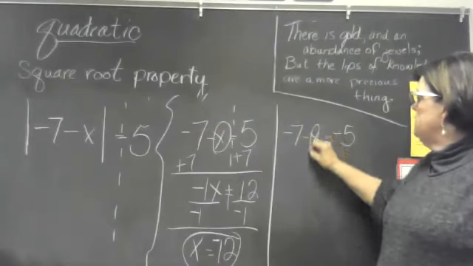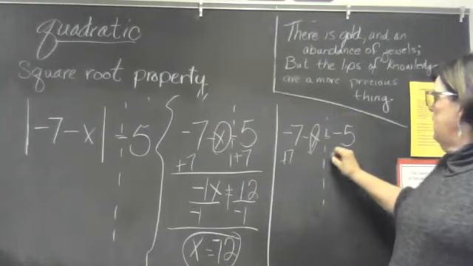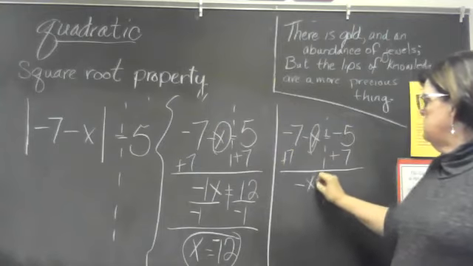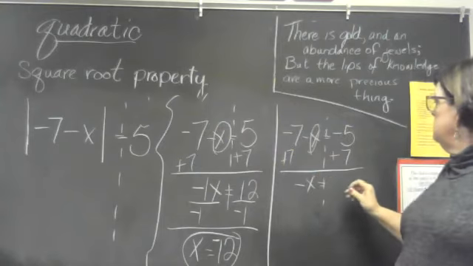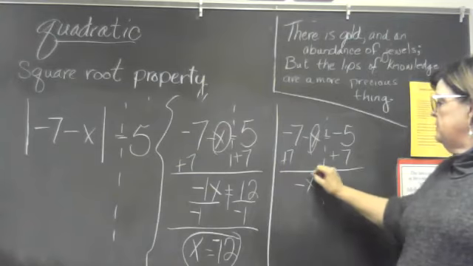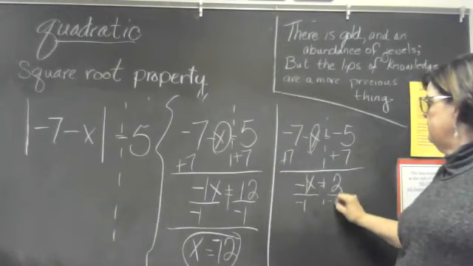We want x by itself. So we add 7. We have a -x equals 2. This is -1, so I have to divide by -1.